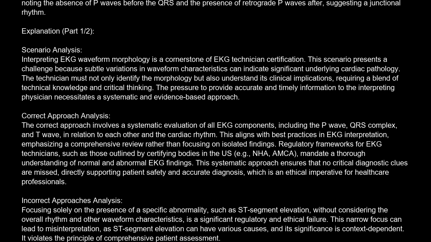Regulatory frameworks for EKG technicians, such as those outlined by certifying bodies in the U.S., e.g., NHA, AMCA, mandate a thorough understanding of normal and abnormal EKG findings. This systematic approach ensures that no critical diagnostic clues are missed, directly supporting patient safety and accurate diagnosis, which is an ethical imperative for healthcare professionals.